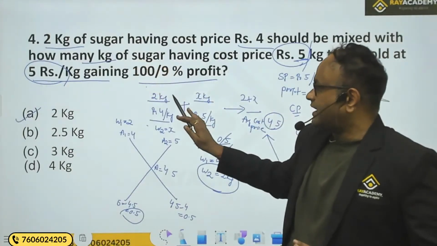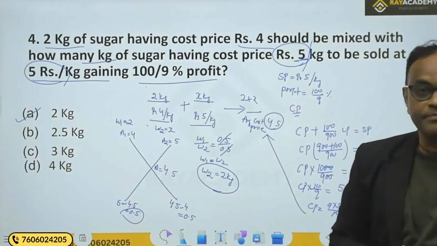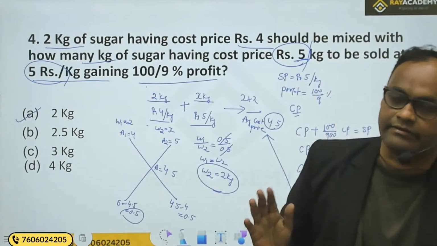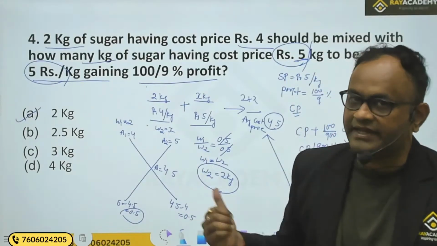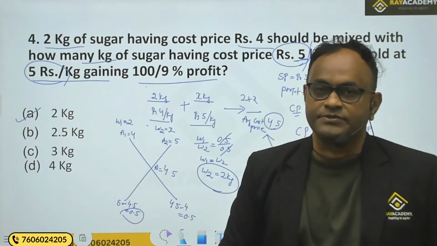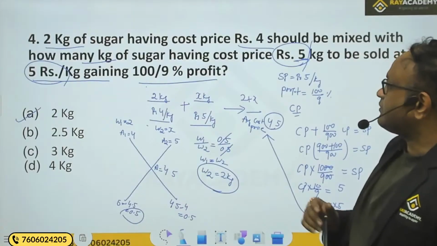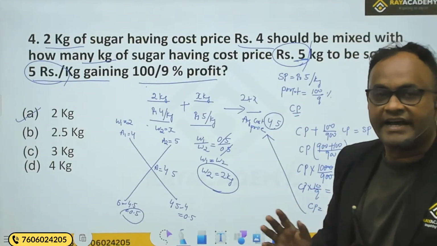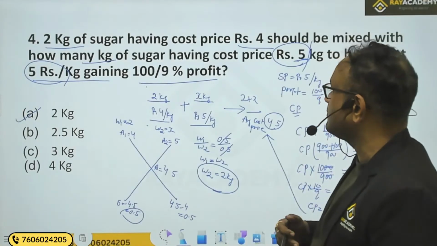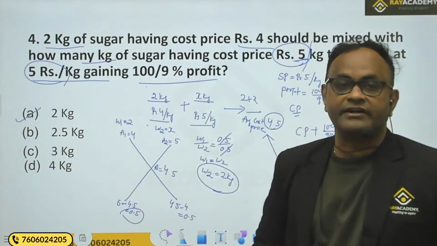Two varieties of rice. One is 2 kg and its price is 4 rupees per kg, mixed with another variety of rice. That quantity is not given, so we have taken x, and the price of that variety is given, 5 rupees per kg. After mixing, you get some average price, but they have not given it directly in the question. They say that if you sell the mixture at 5 rupees per kg, then you are making a profit of 100 by 9%.